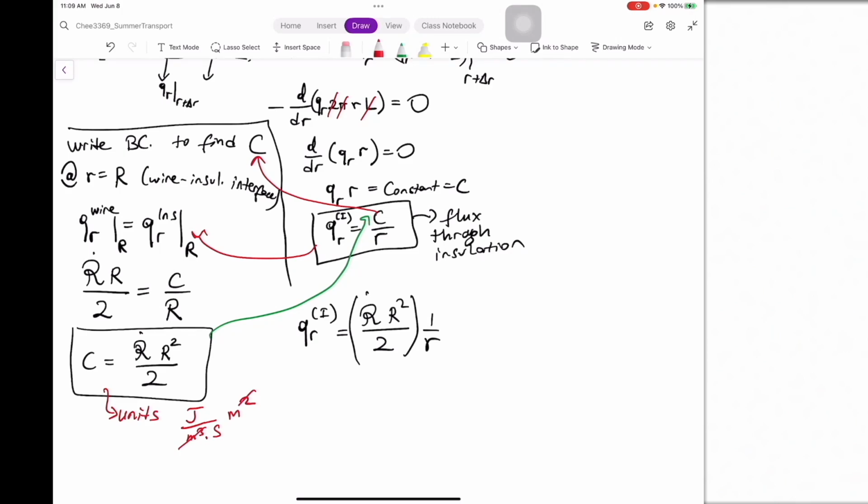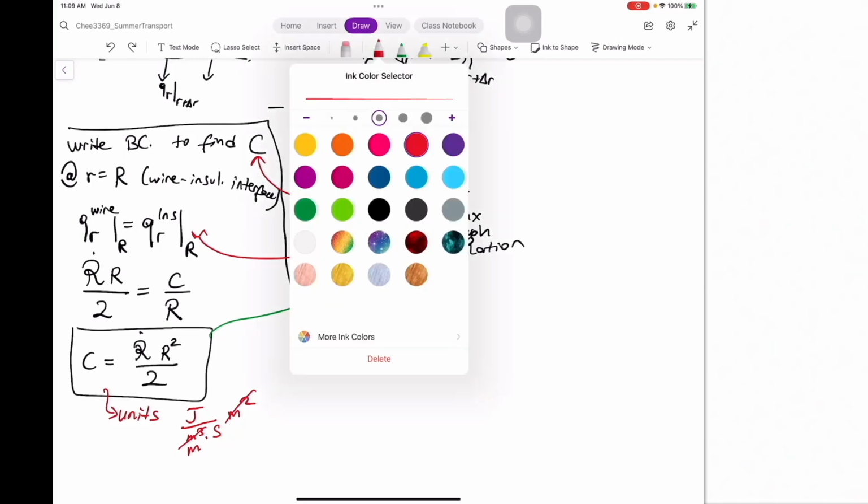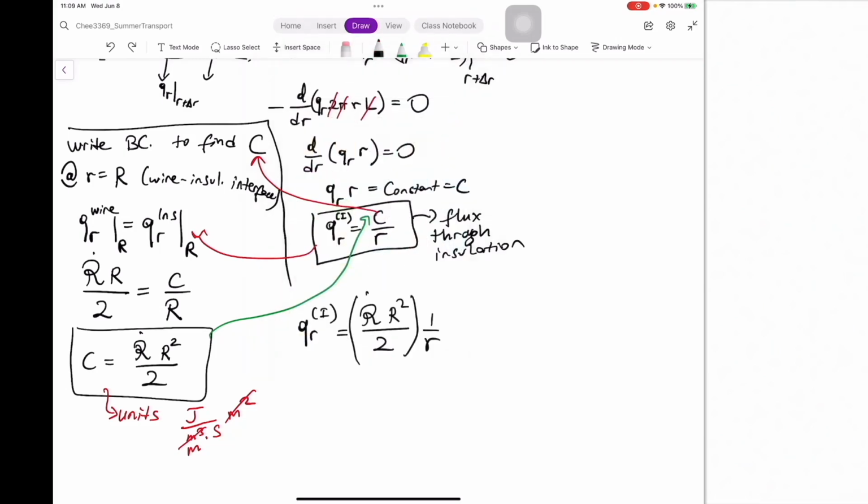So you basically have joules per meter second. If you plug in here and divide by 1 more meter, you're going to find joule per meter squared second, which is exactly the unit of the Q, which makes sense. Okay, good. Excellent point. So this is the QR of the insulation.